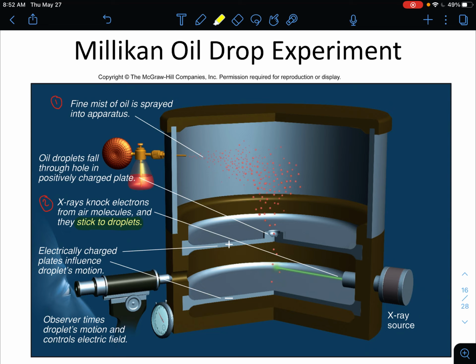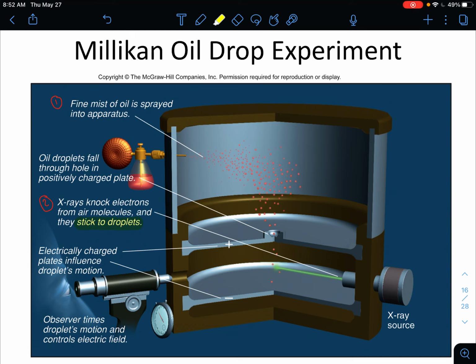So essentially at this point, he's got oil droplets of relatively consistent size, and electrons that are floating around are adhering to these various oil droplets.